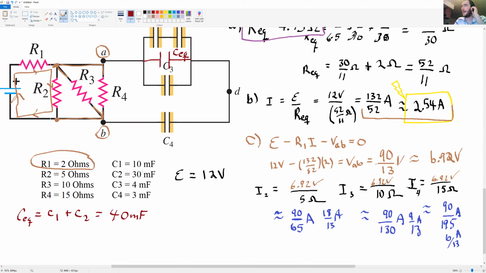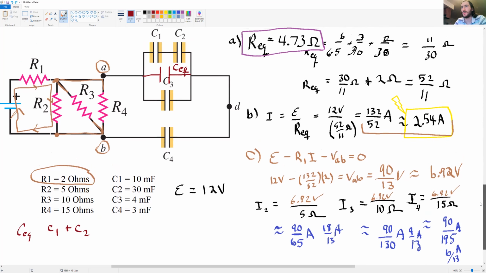Then we want to do a CEQ, oh, excuse me, I messed that up. I scrolled down and got a little bit confused myself there. Sorry, C1 and C2 here are in series, not in parallel. And this right here is C3, not C2. So I just misread the circuit there. Let me go ahead and back everything up.